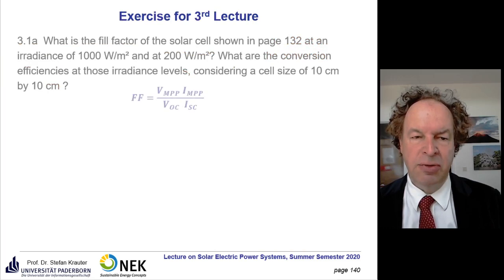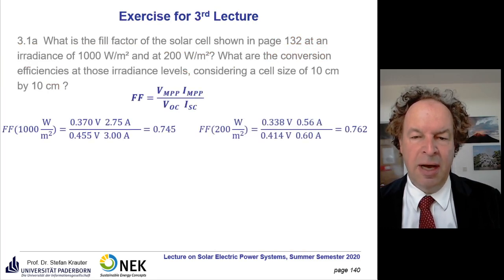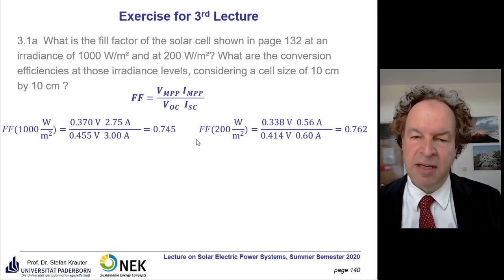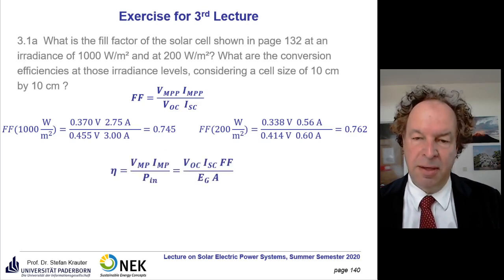We put it into the formula and then we have a fill factor of 0.762. That means it's increasing at lower irradiance level. Not very much, but we can see it here.